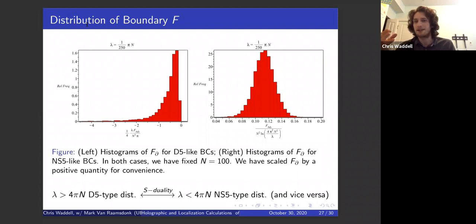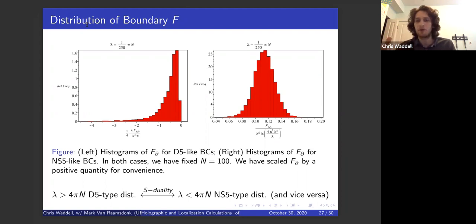And then essentially with this n and lambda fixed, I've uniformly sampled from the collection of possible D5 type boundary conditions, and then calculated boundary F for each boundary condition that I've sampled, and then plotted a histogram of results. So on the left is the D5 case, and on the right is the NS5 case.